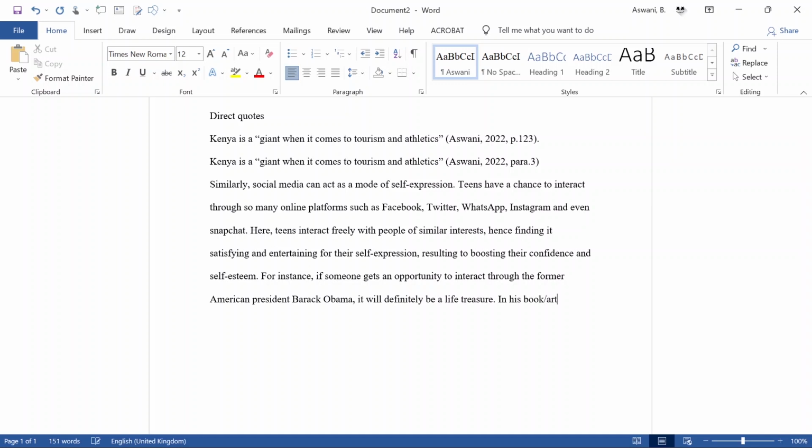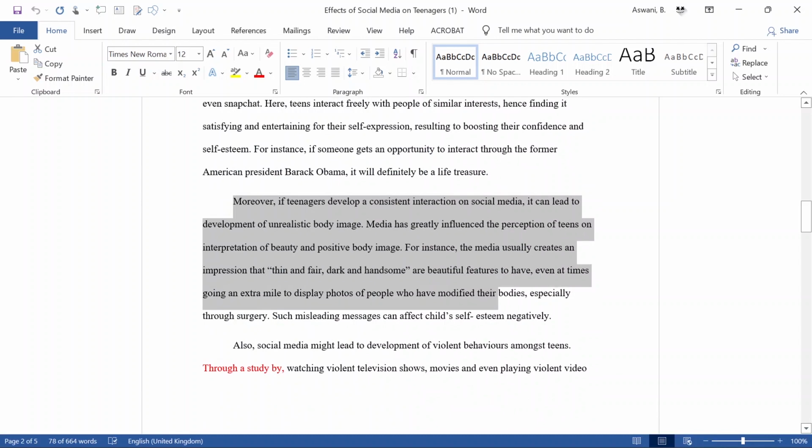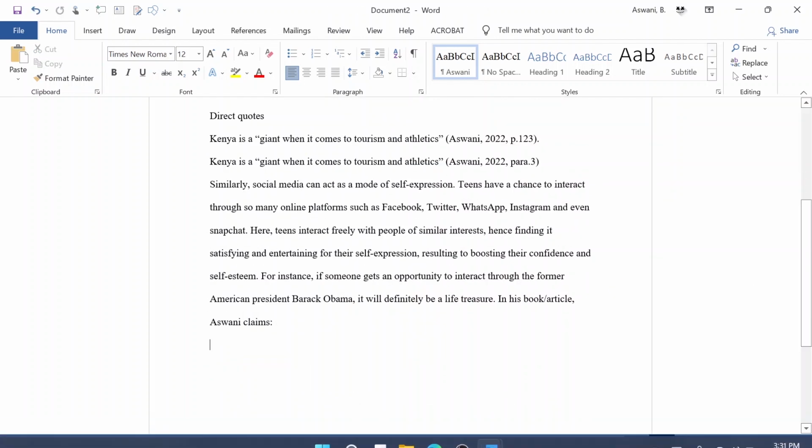Okay, could be book or article, but you have to choose one, okay? Aswani claims. So you introduce that quote, okay? Then you put it as a freestanding paragraph. So the quote, let's assume this is a direct quote. You've copied this paragraph from the Aswani source word by word without modifying.